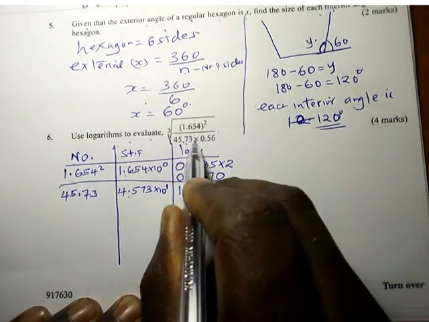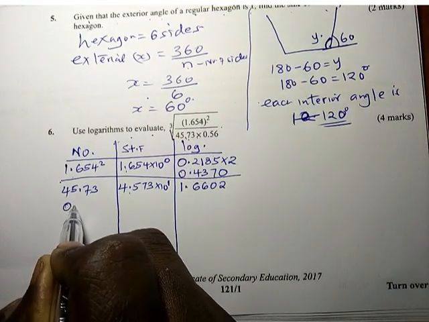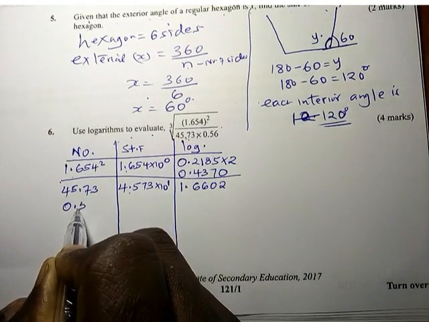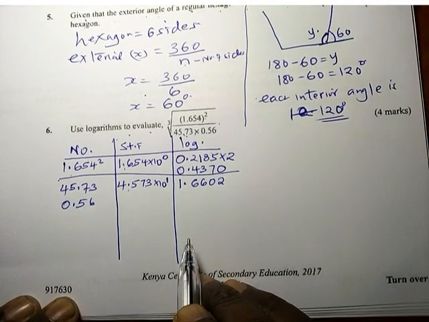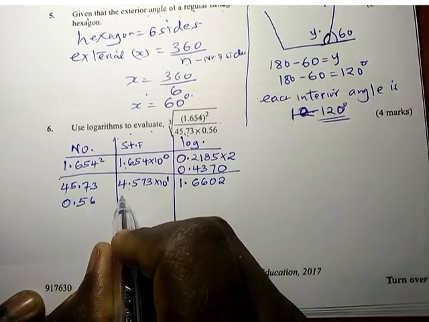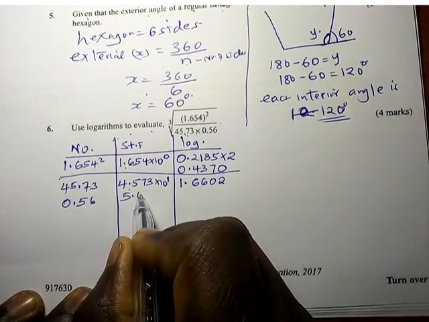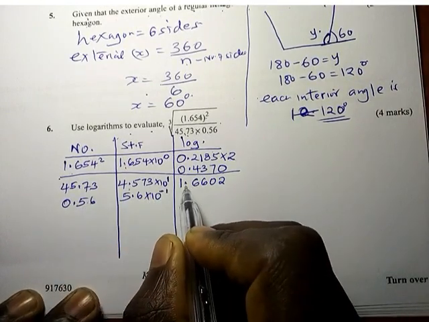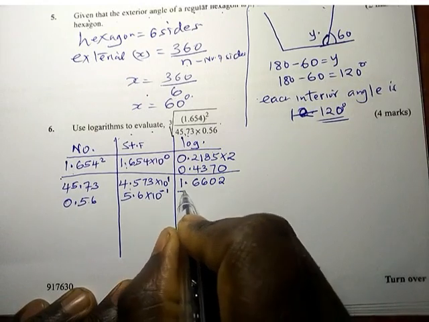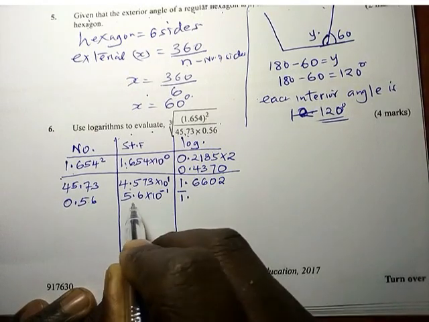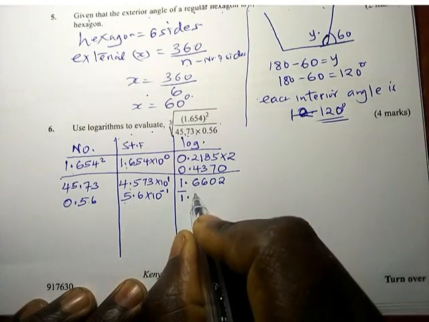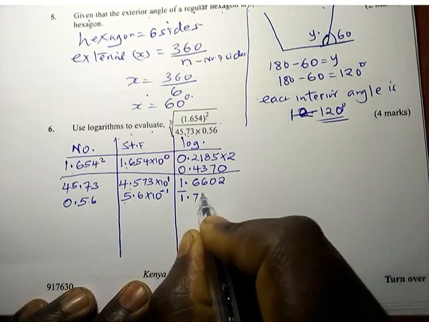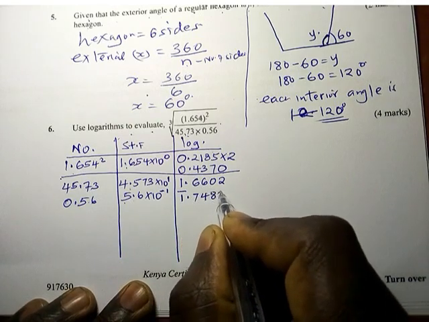We are done with this one. Then we come to the next number, which is 0.56. We write that number in standard form, which is 5.6 times 10 raised to power negative 1. So our characteristic is going to be negative 1. The log of 5.6 is 0.7482.